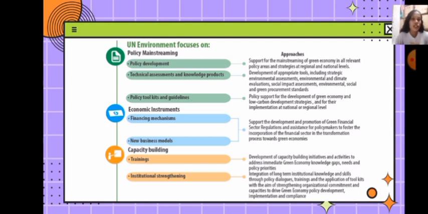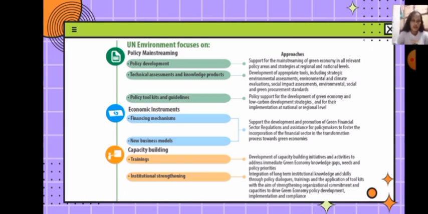Then capacity building, trainings and institutional strengthening, development of capacity building initiatives and activities to address immediate green economy knowledge gaps, needs, and policy priorities, integration of long-term institutional knowledge and skills through policy dialogues, trainings, and application of toolkits with the aim of strengthening organizational commitment and capacities to drive green economy policy development, implementation, and compliance.